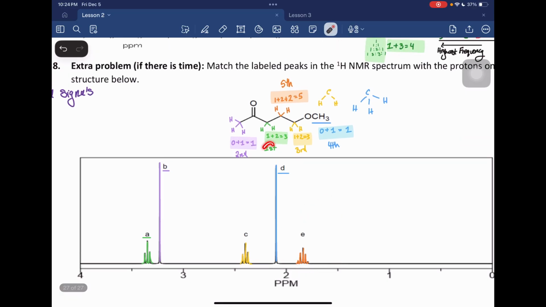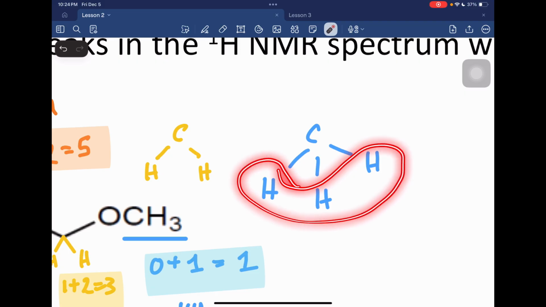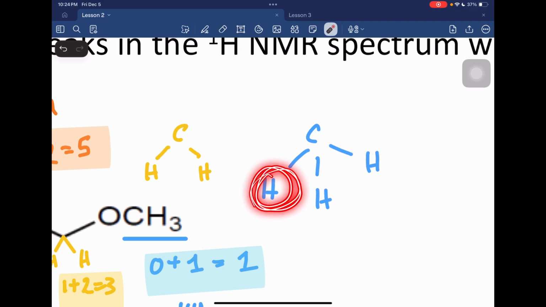So this is first, and that's A. This is second, B, third, C, fourth, D, fifth, E. This one is confusing, okay? But what you really need to understand is the fact that when there are more hydrogens, the hydrogens are going to end up being more shielded, okay?